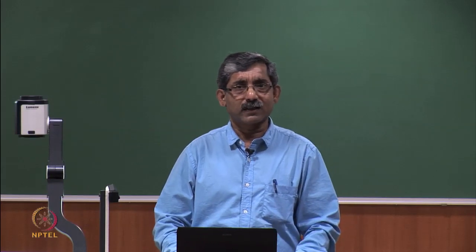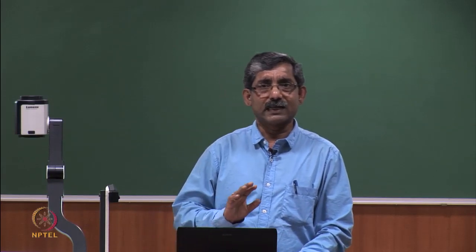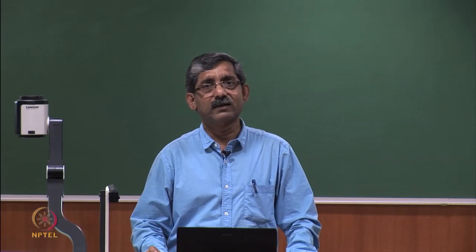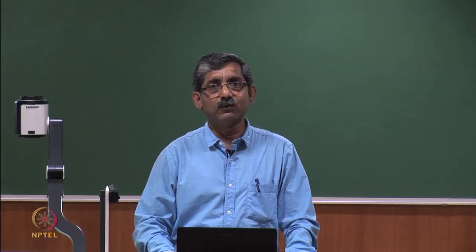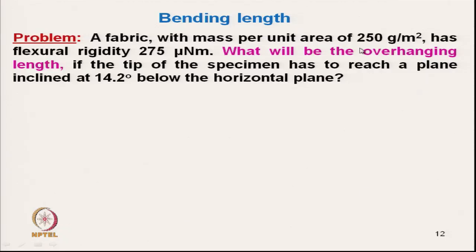Now, another problem which is exactly similar to that: a fabric with mass per unit area of 250 gram per square meter has a flexural rigidity of 275 micronewton meter.